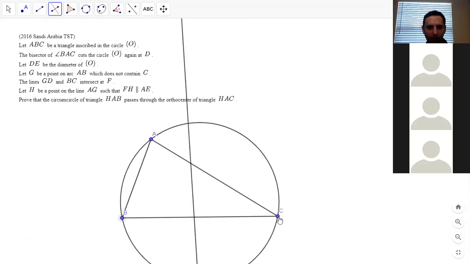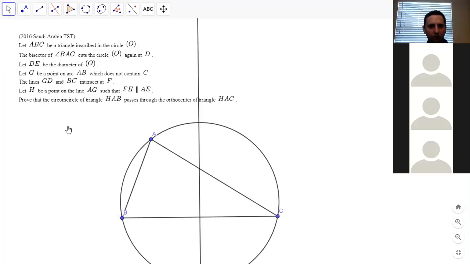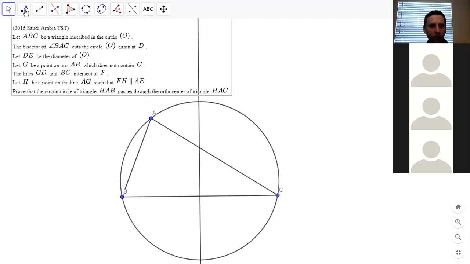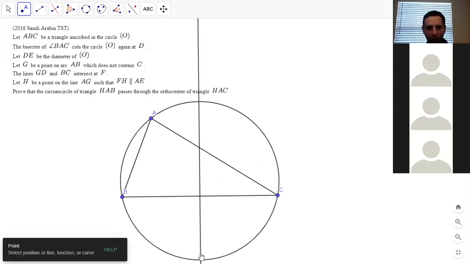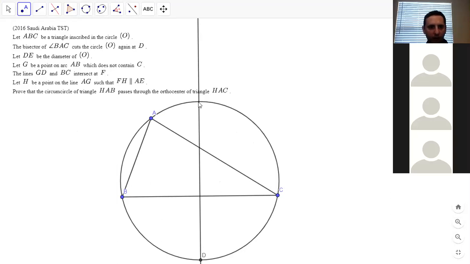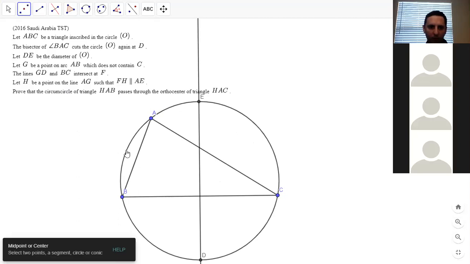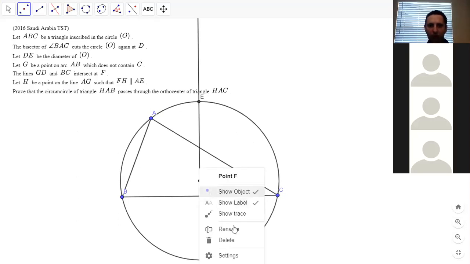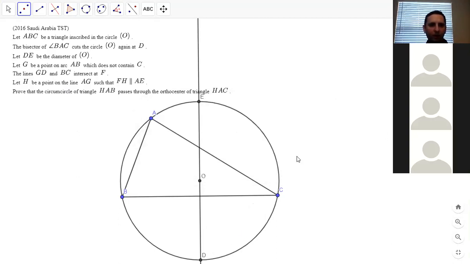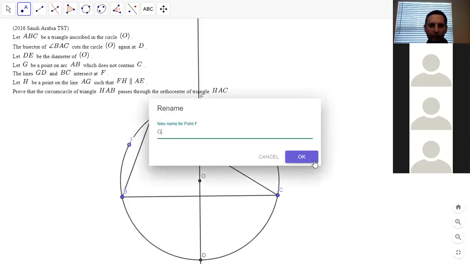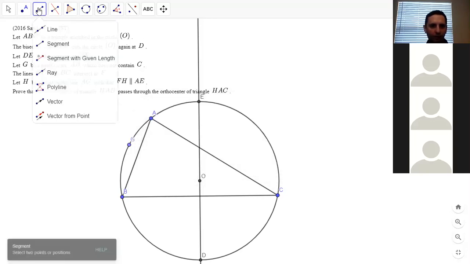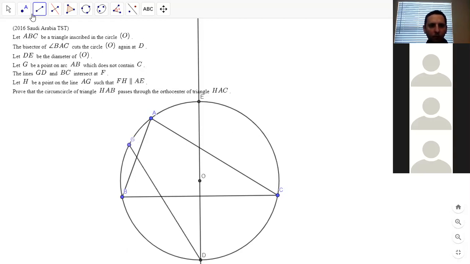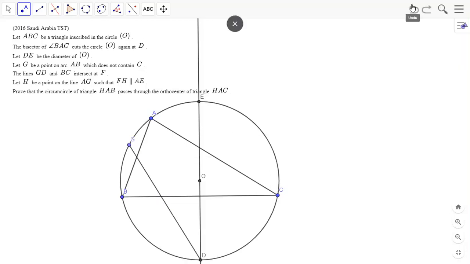And then we get points D and E. So it cuts the circle at D and E. And I'll just draw the center of the circle, call it O. Let G be a point on arc AB, which doesn't contain C. GD and BC intersect at F.